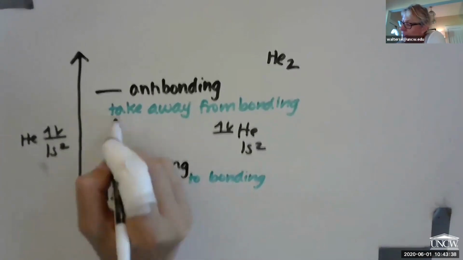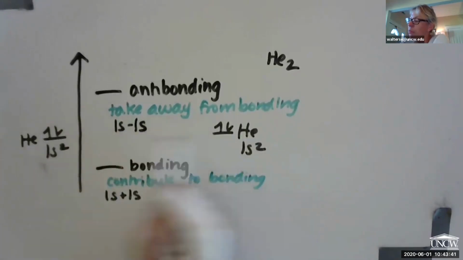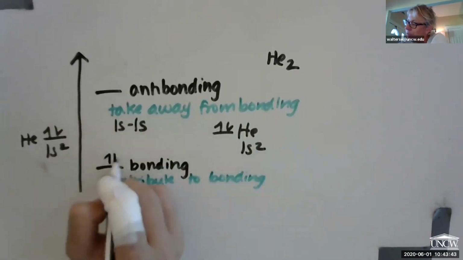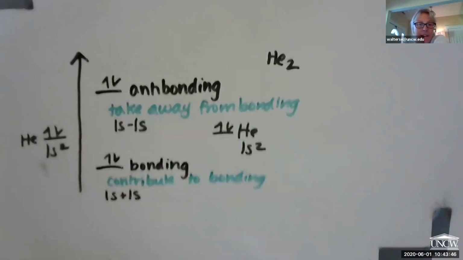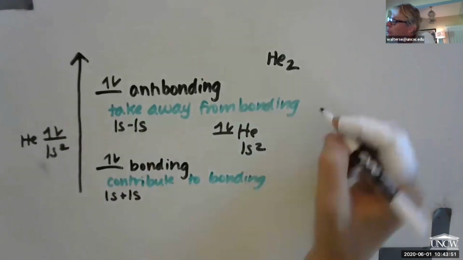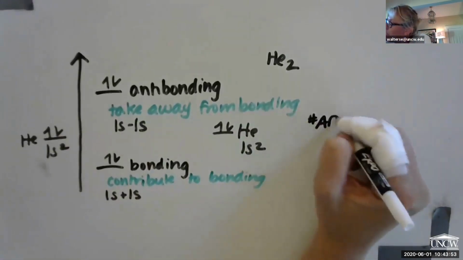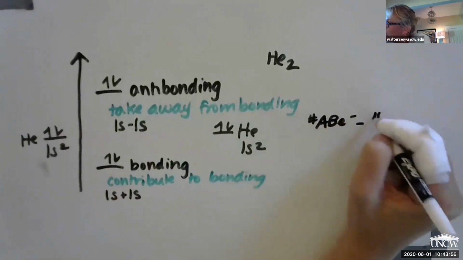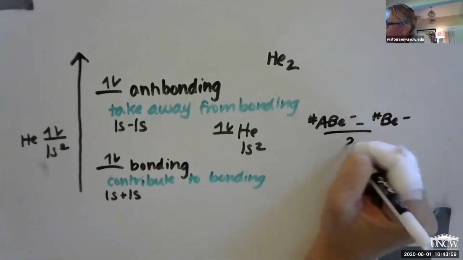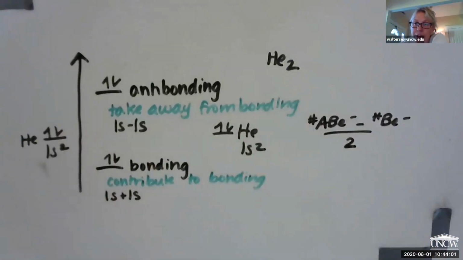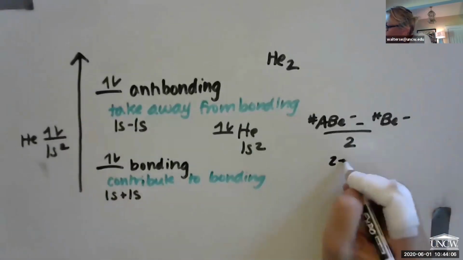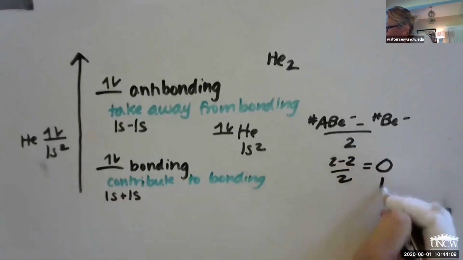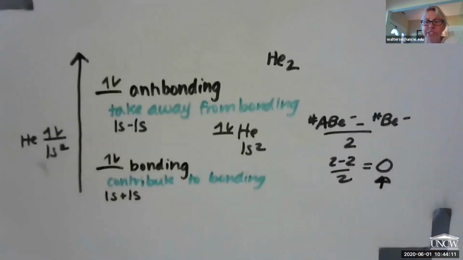This would be 1s minus 1s. But then when you put in the 4 electrons, you would have this. Then what you do is you take the number of bonding electrons minus the number of anti-bonding electrons, divided by 2, and that will tell you the bond order. So in this case, you would get 2 minus 2 over 2, which is 0, which tells you that helium never forms diatomic. Okay.